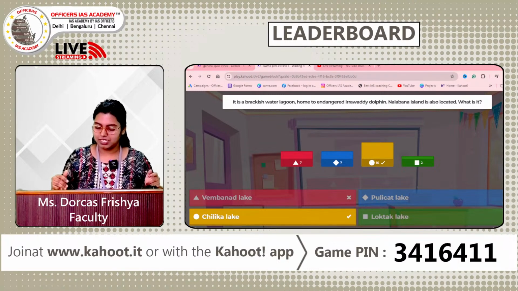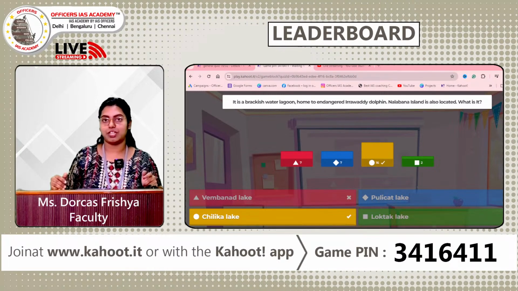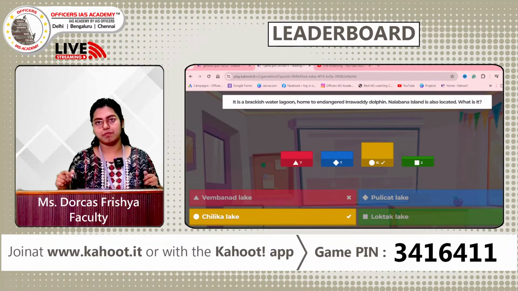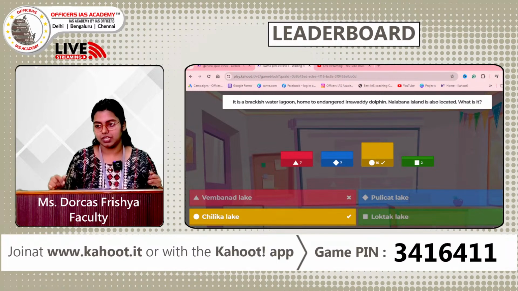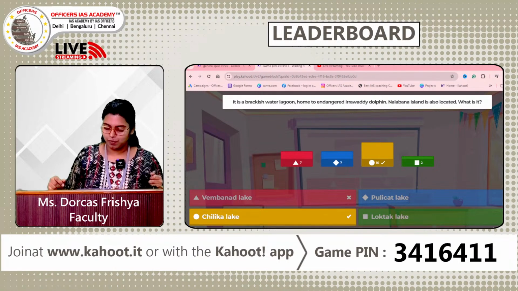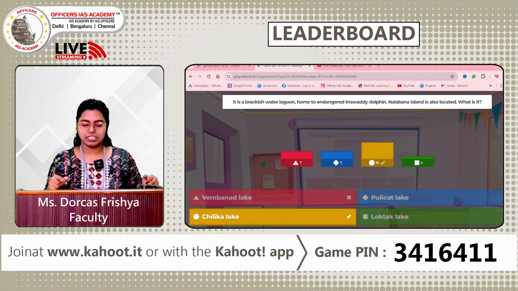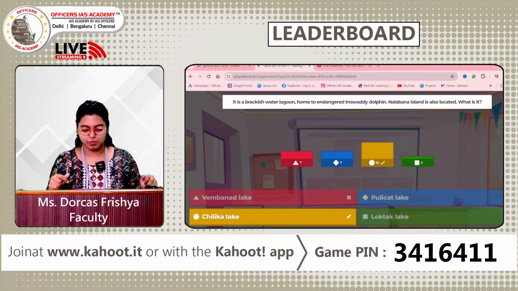It has rich biodiversity, as we all know, and what is important with regard to this lake is that it was the first Indian wetland of international importance under the Ramsar Convention, announced in the year 1981. Therefore you must know this.